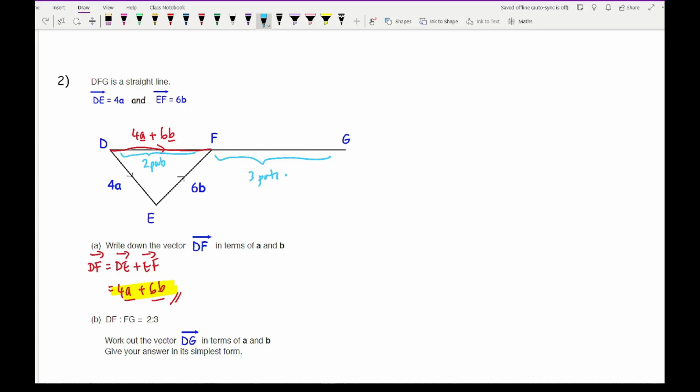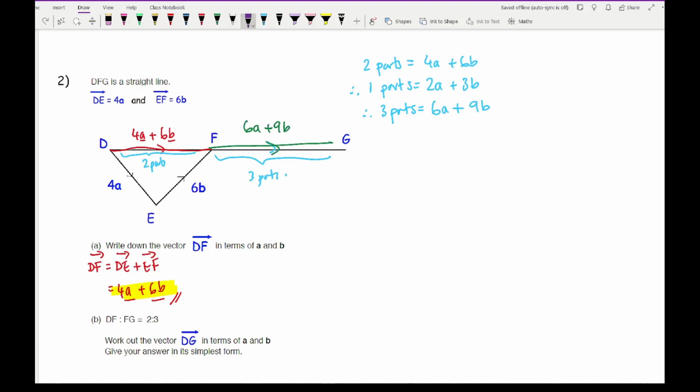So if 2 parts equals 4A plus 6B, then 1 part is all of that divided by 2, so that's going to be 2A plus 3B. And therefore 3 parts is 1 part times 3, so that's going to be 6A plus 9B. So this length here going in this direction is going to be 6A plus 9B.